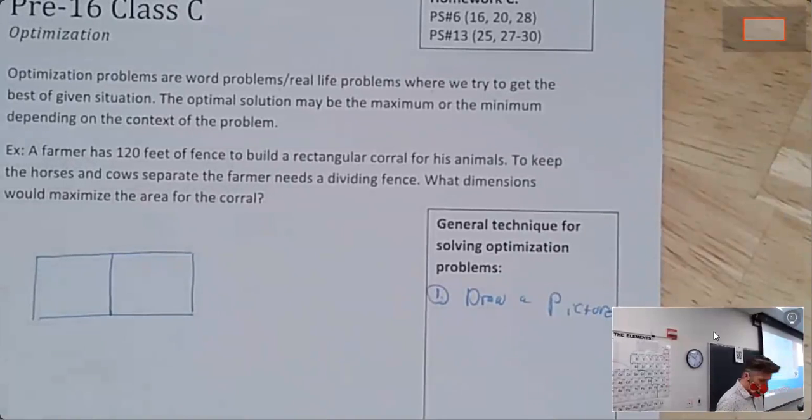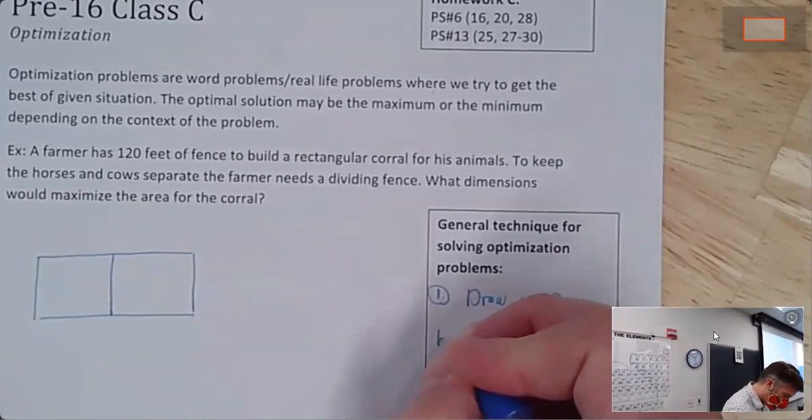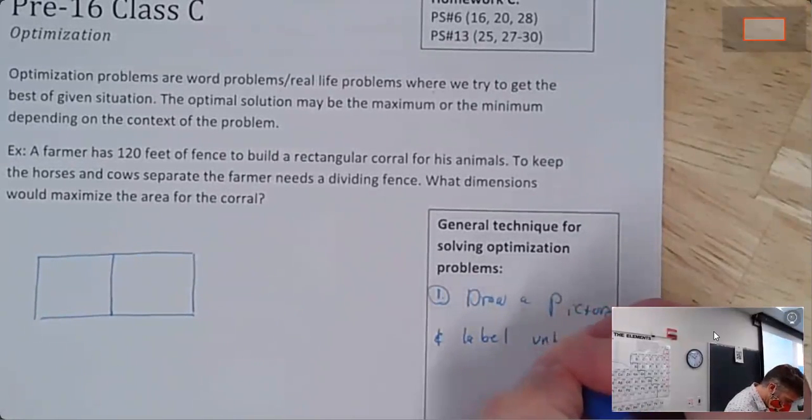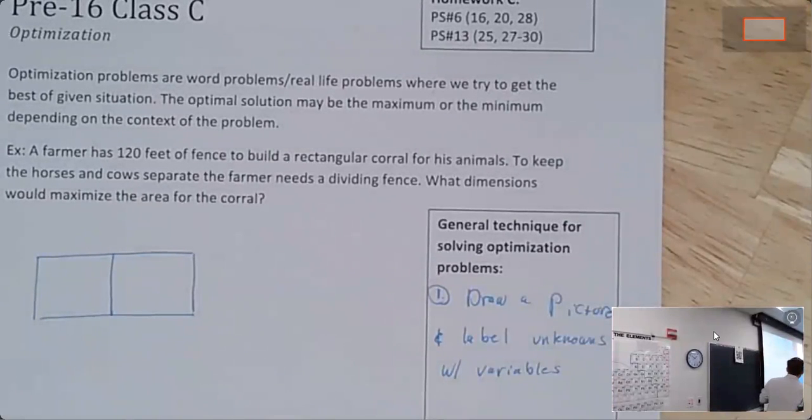Great. Also, along with drawing a picture, we want to label the unknown things, and we're going to label them with variables. So I don't know how long any of the sides of this corral are, so I'm going to pick some variable names.